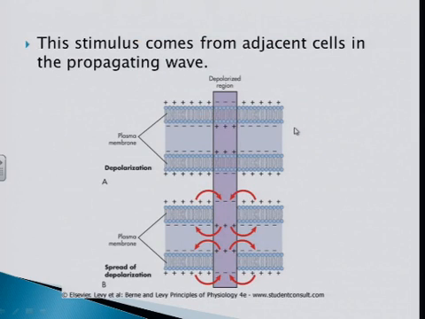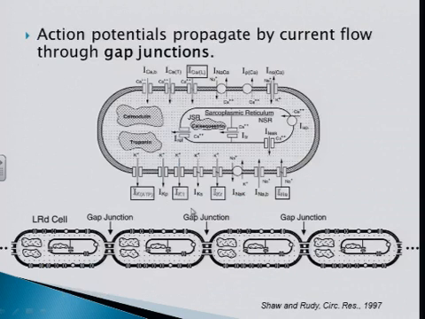In cardiac muscle, then, for the working cells, the stimulus comes from the adjacent cells in the propagating wave. You have a depolarized region, say where the stimulus has been delivered, and then you have the current from the inside propagating outside, depolarizing that membrane, hopefully rapidly bringing it up to an all or none threshold, and so on as it propagates through.